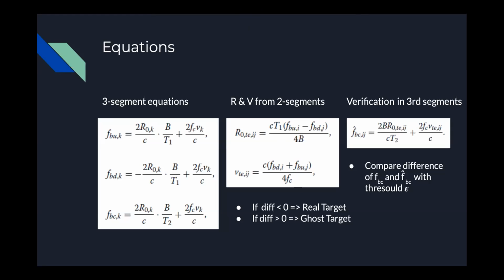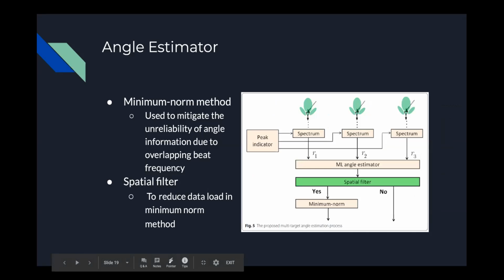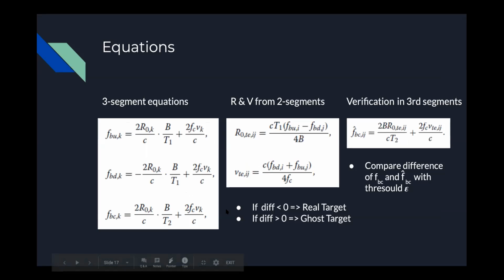If this difference is less than the threshold epsilon, sorry, there is some writing mistake, it is a real target, and if it is greater, it is a ghost target. And this threshold can be calculated from a graph given in the literature review.